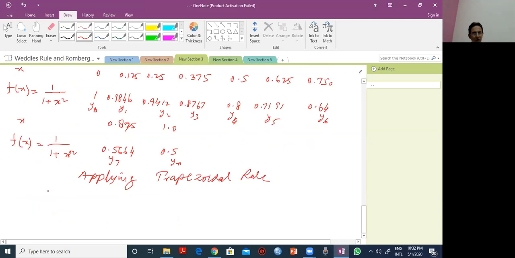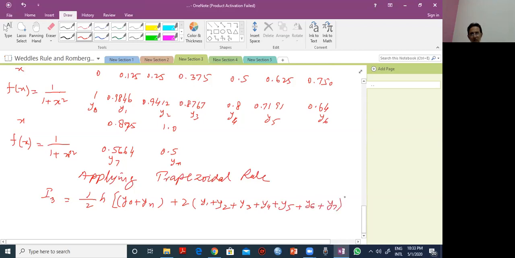Student, what is I3 for the third interval? The name is I3, equal to 1/2 of h times y0 plus yn, the first and the last term according to the trapezoidal rule, plus 2 times y1 plus y2 plus y3 plus y4 plus y5 plus y6 plus y7.